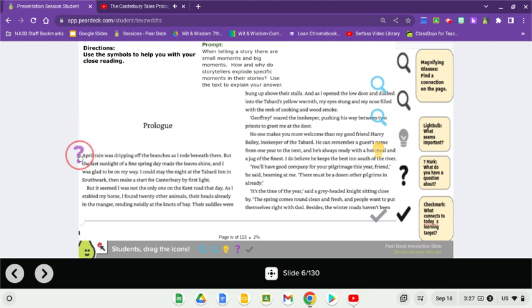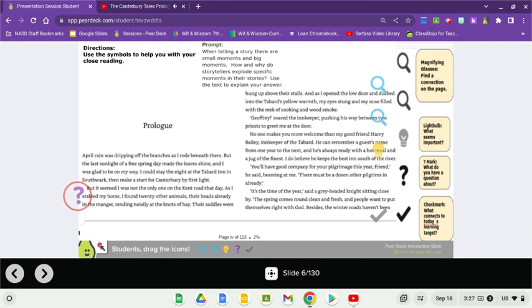The Canterbury Tales Prologue. April rain was dripping off the branches as I rode beneath them, but the last sunlight of a fine spring day made the leaves shine, and I was glad to be on my way. I could stay the night at the Tabard Inn in Southwark, then make a start for Canterbury by first light. But it seemed I was not the only one on the Kent road that day.